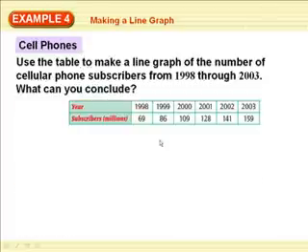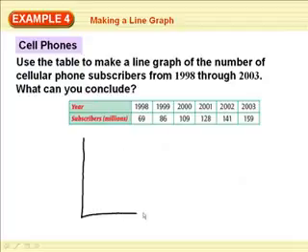Example 4, making a line graph. Use the table to make a line graph of the number of cellular phone subscribers from 1998 through 2003. What can you conclude? So when we start to make a line graph right here, we notice with a line graph, usually both sets of data are numbers.